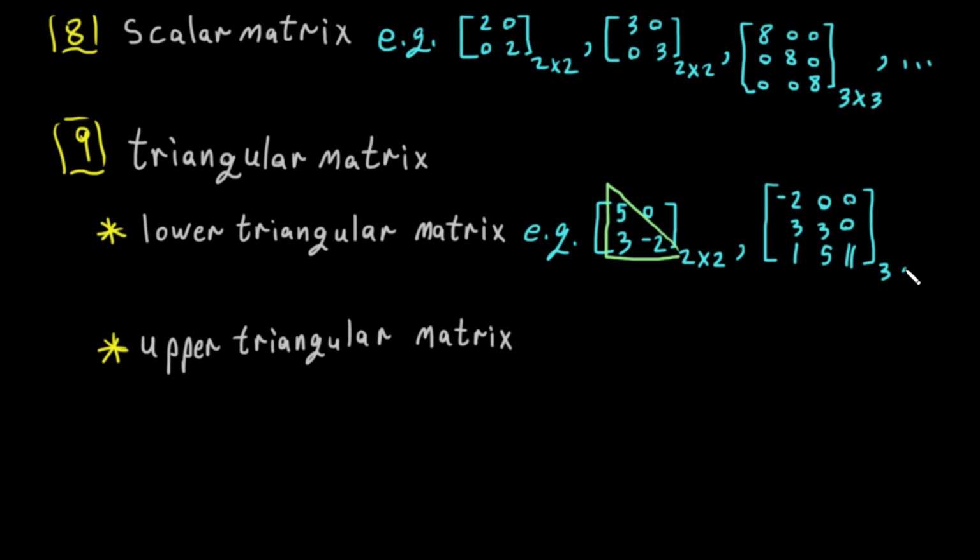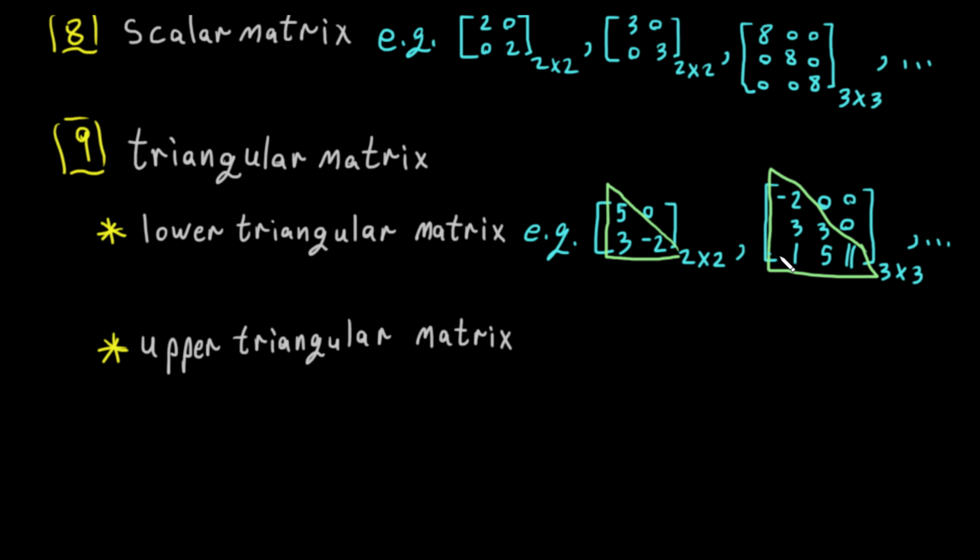This is a 3 by 3 matrix, and as you can see here, the right triangle looks like this, and so on. This is a lower triangular matrix.